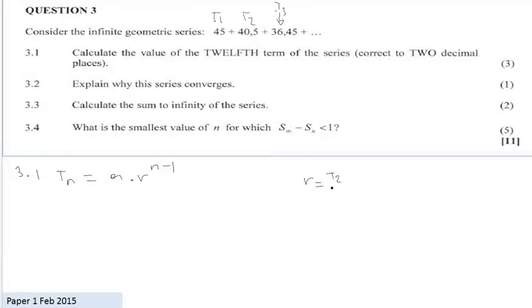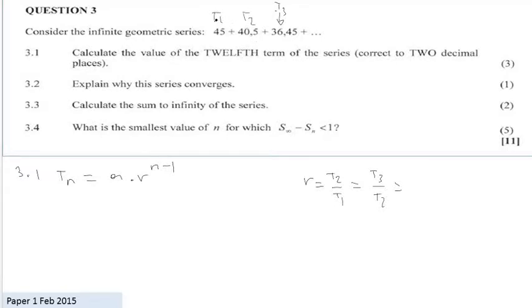between the second term and the first term, and it's the same as the common ratio between the third term and the second term, so T3 divided by T2. We can use any option, we will still find the same ratio.